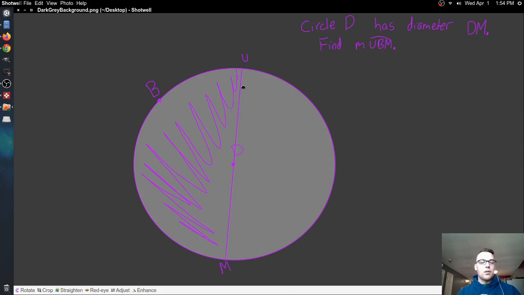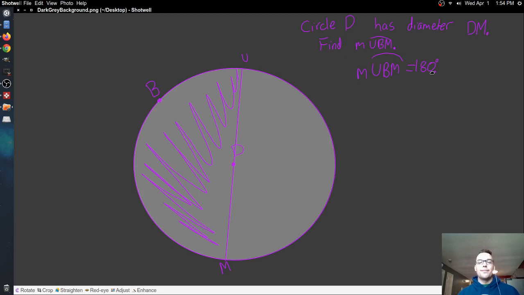And half of a circle is 180 degrees. So the measure of arc UBM is just 180 degrees. Anytime you have a diameter, it will create two arcs on either side of it. Both those arcs are going to be congruent. They're going to be 180 degrees.